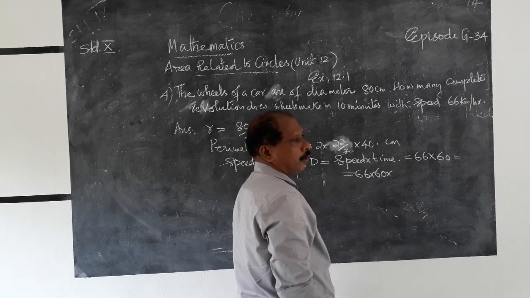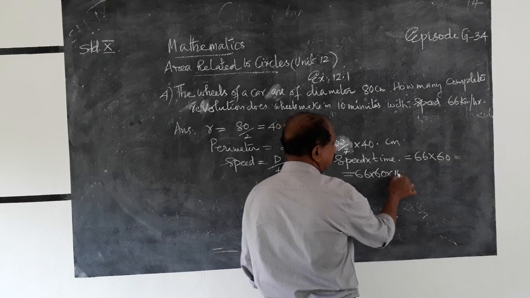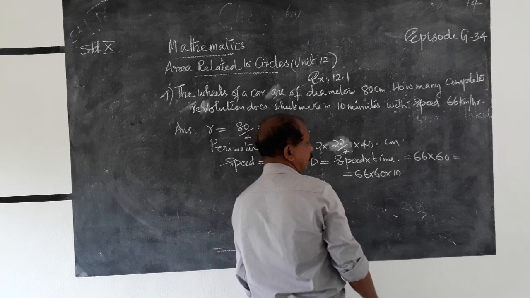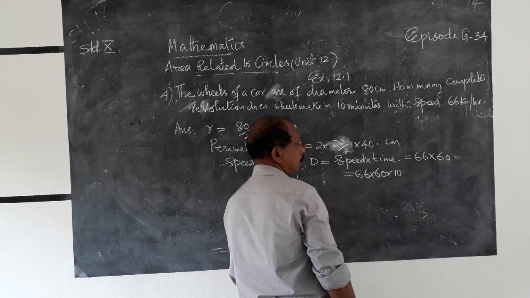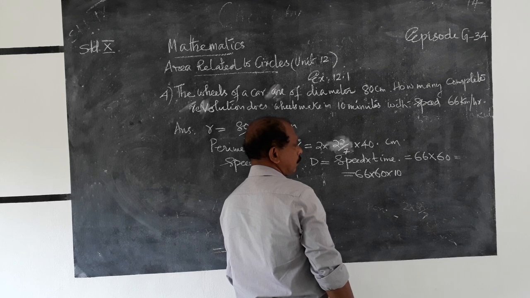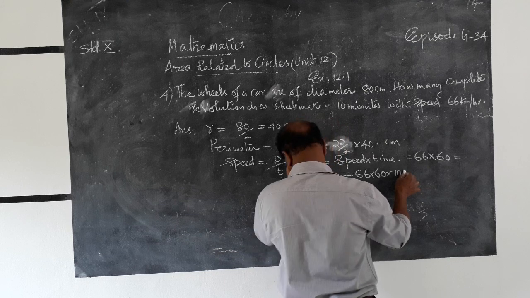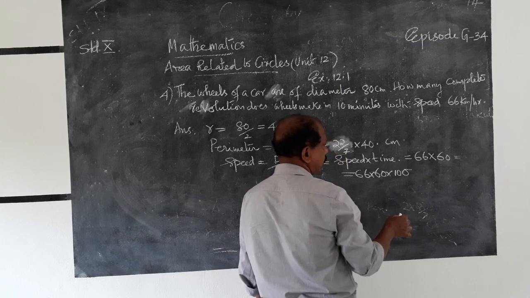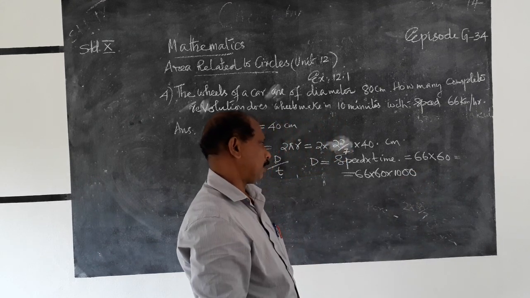How many centimeters per kilometer? 1000 meter per kilometer and 100 centimeter per meter.